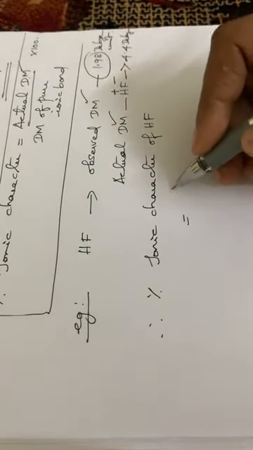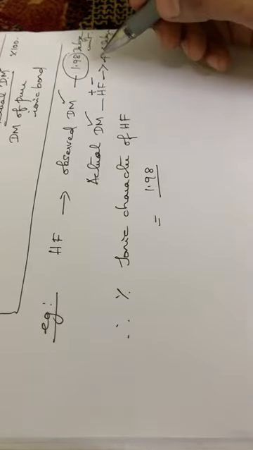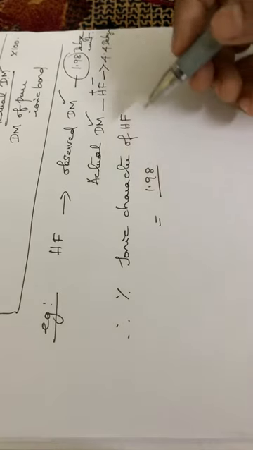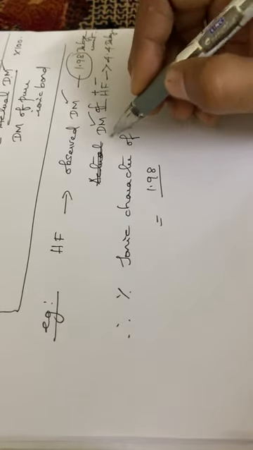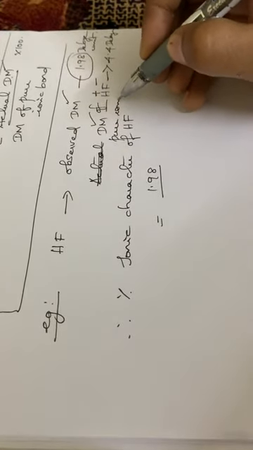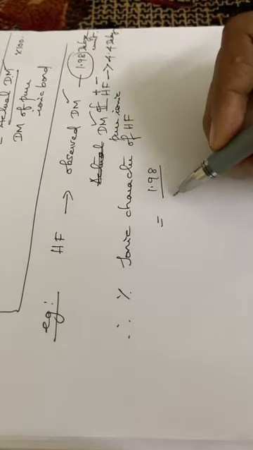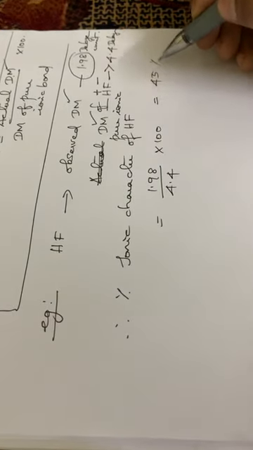So the observed dipole moment is 1.98, divided by the dipole moment of the pure ionic bond, 4.4, into 100, and the value is equal to 45% ionic.